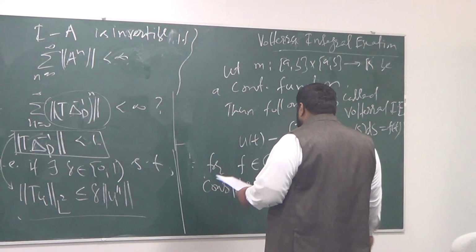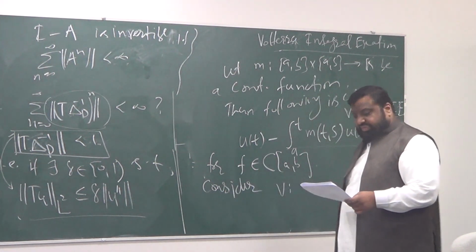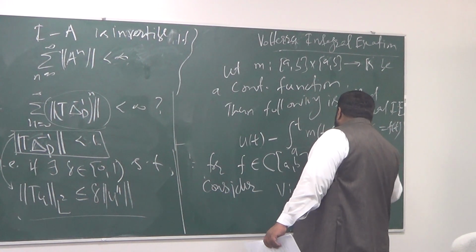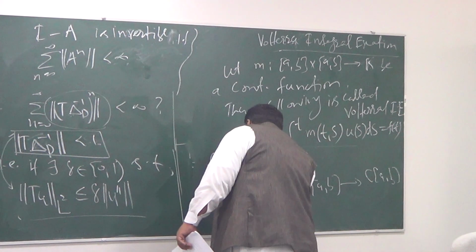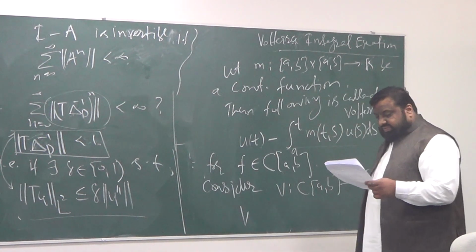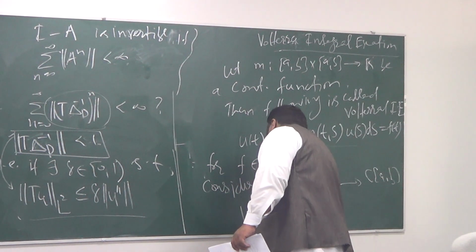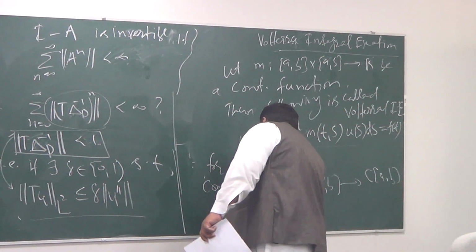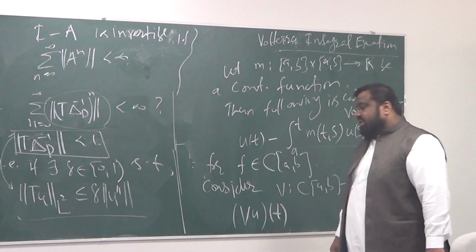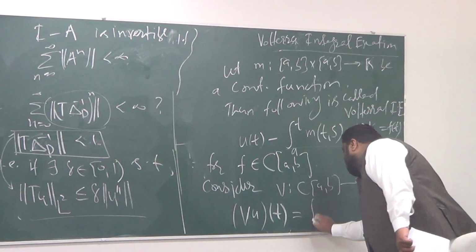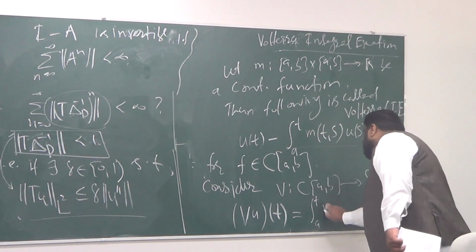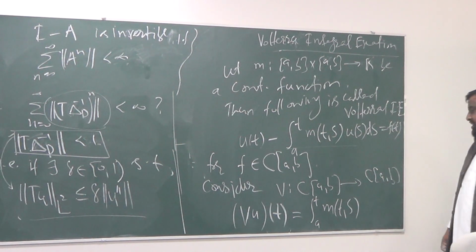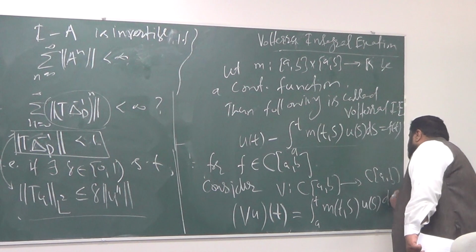Consider an operator V, let's give it a name, V, from C[a,b] into C[a,b], and define it so that when V is operated onto some u in C[a,b], and evaluated at t, it gives me the integral from a to t of M of t,s, which is the kernel of this integral transformation, times u of s ds.